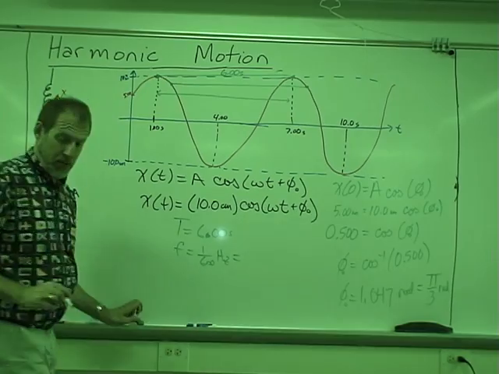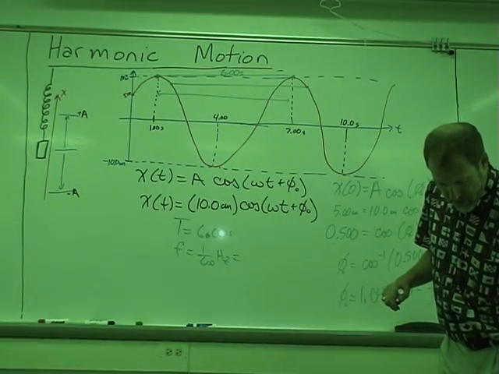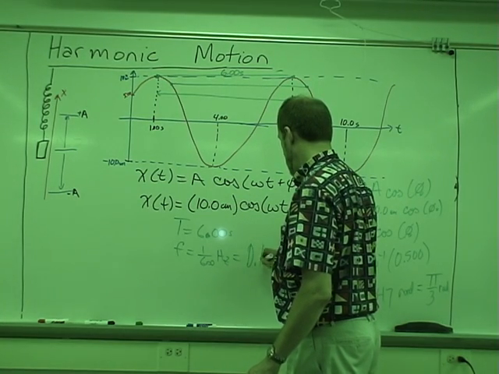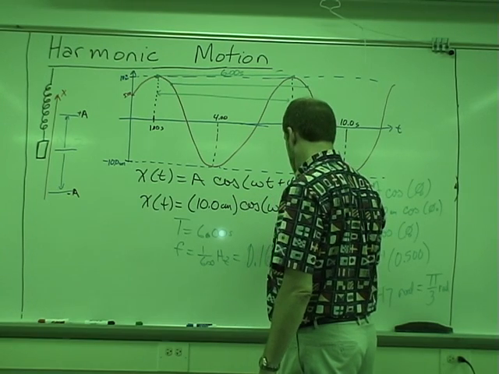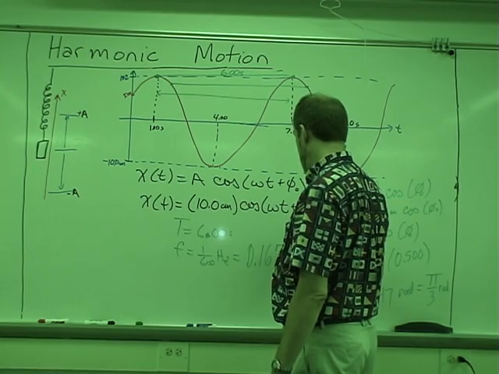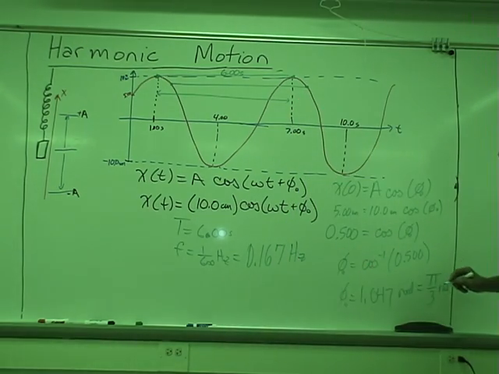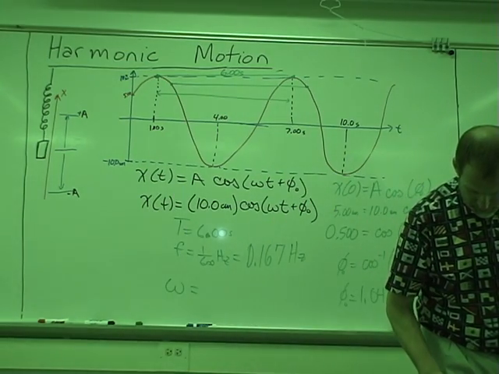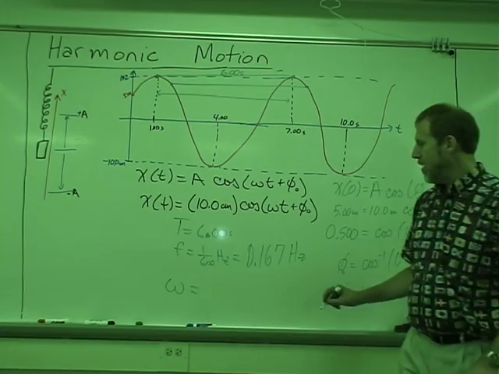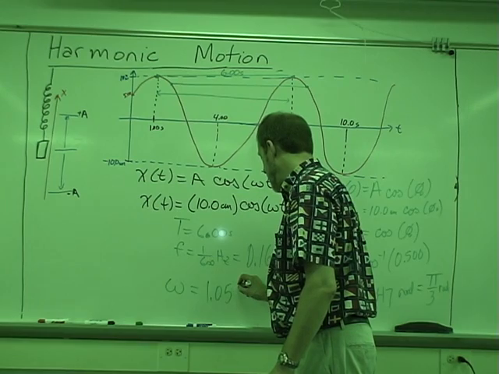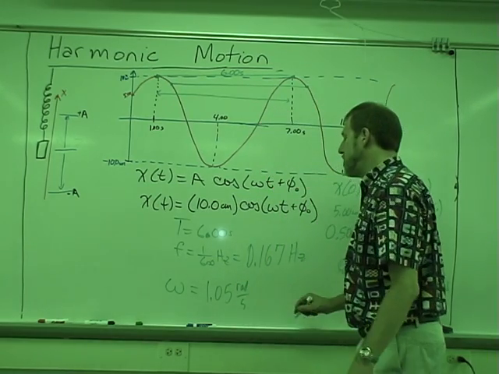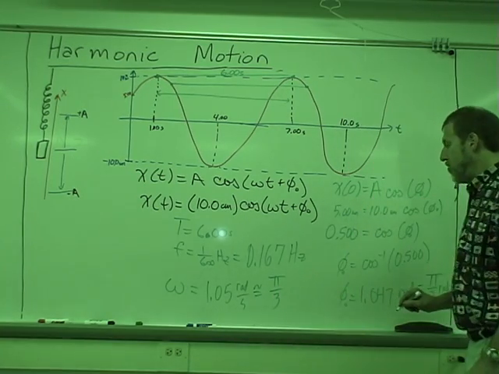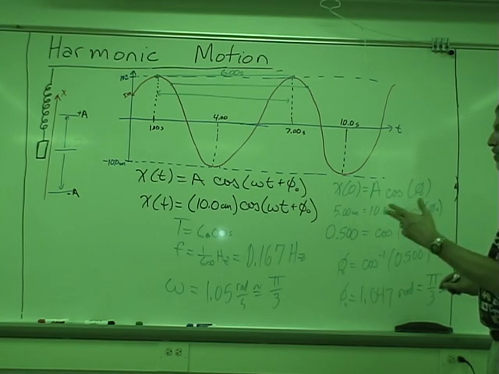The frequency is 1/6 hertz, which is 0.167 hertz, and the angular frequency is 2 pi times that, which is 1.05 radians per second, which is really close to, as this turns out, 2 pi over 6, which is pi over 3.